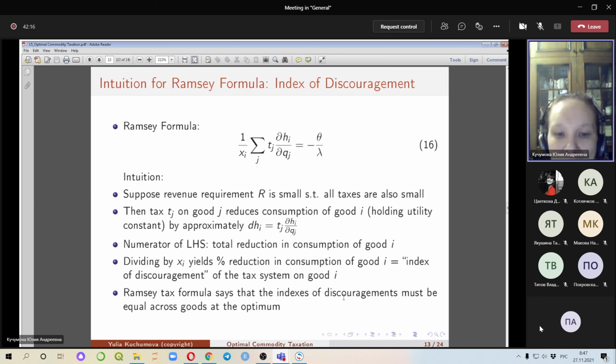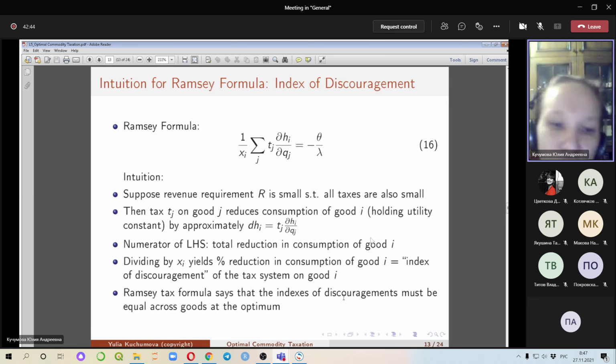Then the Ramsey tax formula says that the index of discouragement must be equal across goods at the optimum. You see that the right-hand side of this Ramsey formula does not depend on i, only the left-hand side. This means that for all goods, this index of discouragement should be the same.